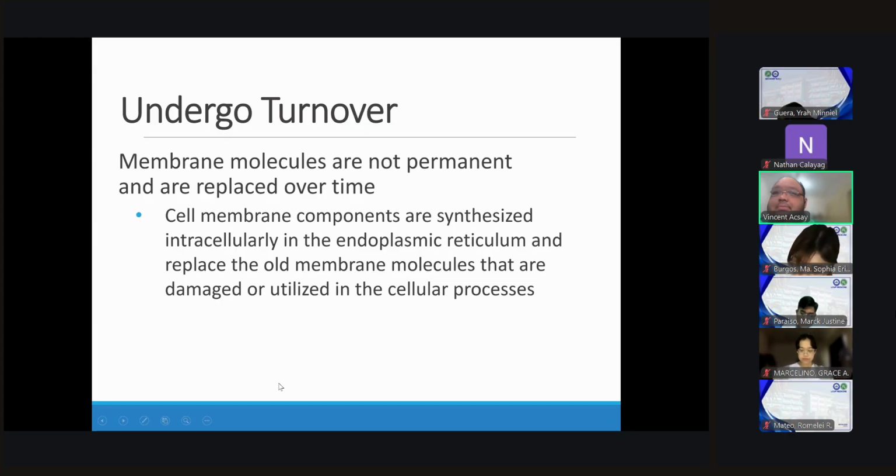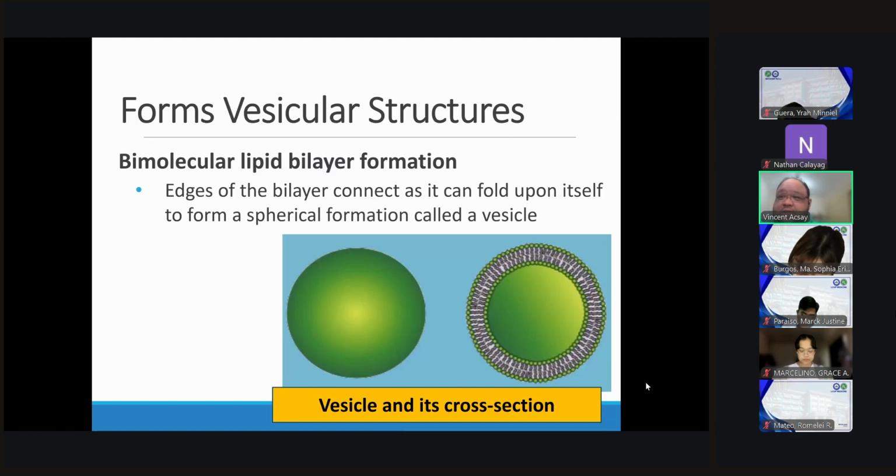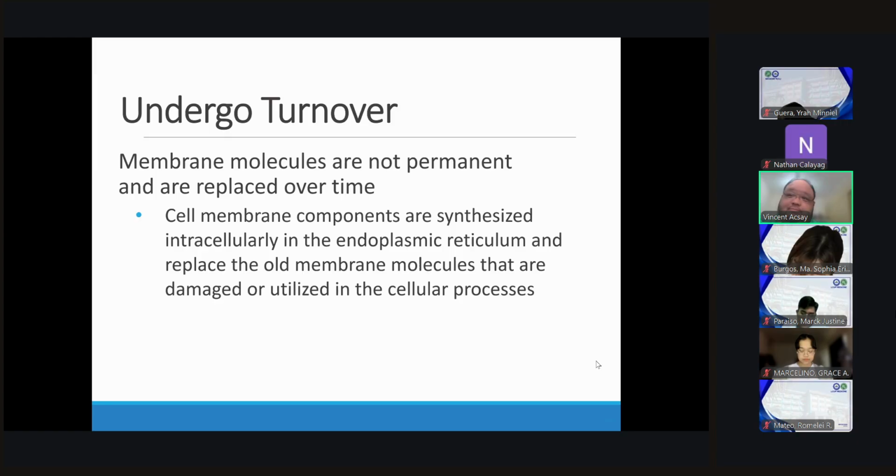Next, the property of undergoing turnover. The membrane molecules that you have, so this bilayer, in a sense, are not permanent and can be replaced over time.